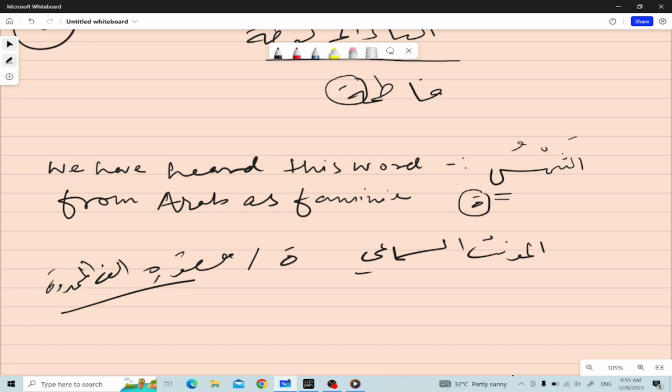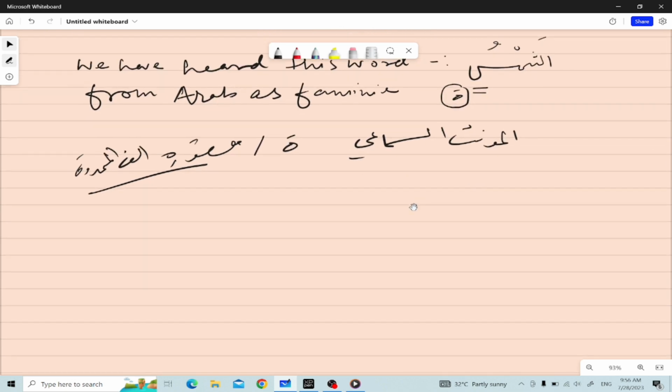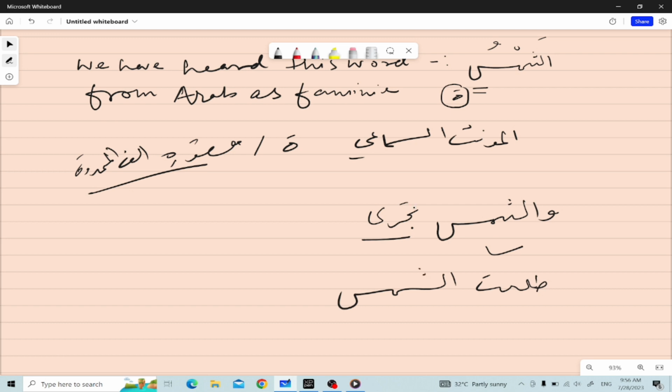For example, if you read the Holy Quran, the same word is used as muannas. For example, wash-shamsu tajri. So over here, tajri has been used because of muannas. Which muannas? Al-muannas as-sama'i. That's why we say طلعت الشمس, which means the sun has risen, right?